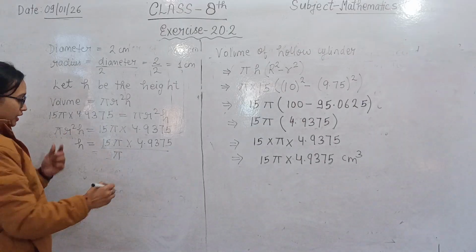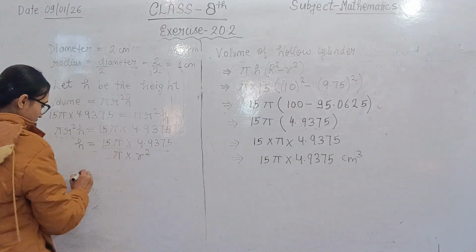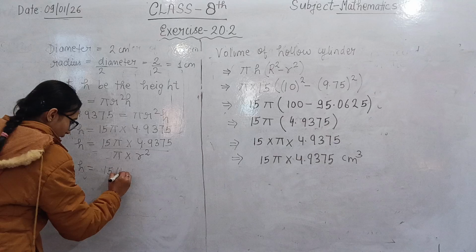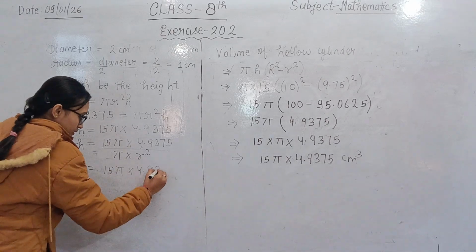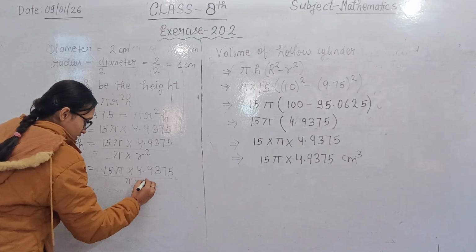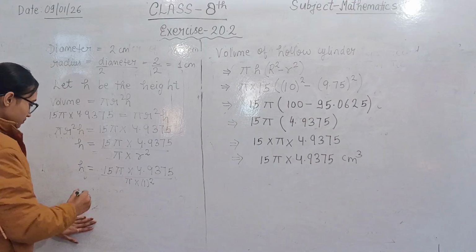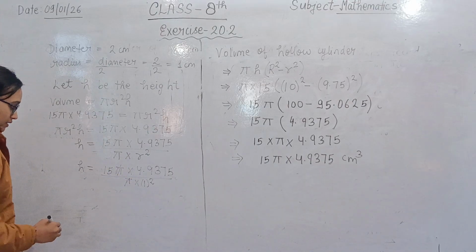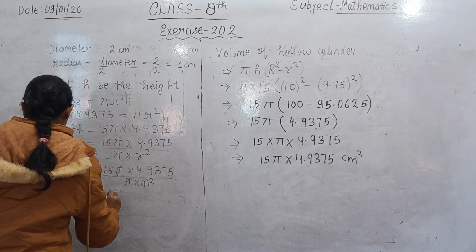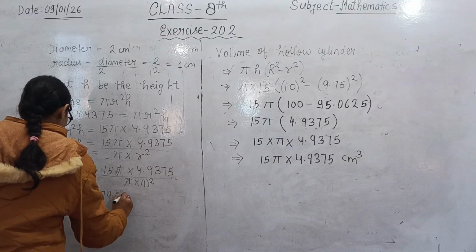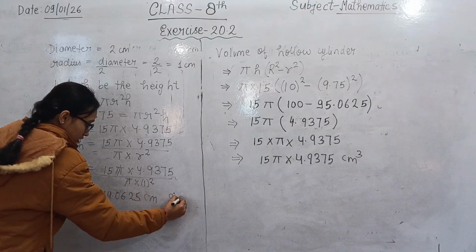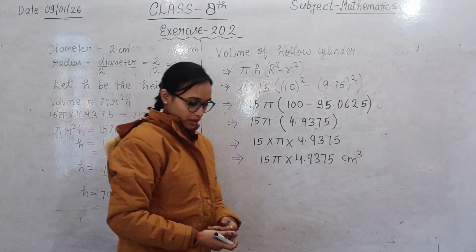R square is in multiplication, so it will also be in division. R we have calculated as 1 centimeter. So 15 pi multiplied by 4.9375 upon pi into 1 square, which means 1. Pi will get cancelled out. On multiplying this, we get 74.0625, and the unit will be centimeter. So this is the answer of question number 12.